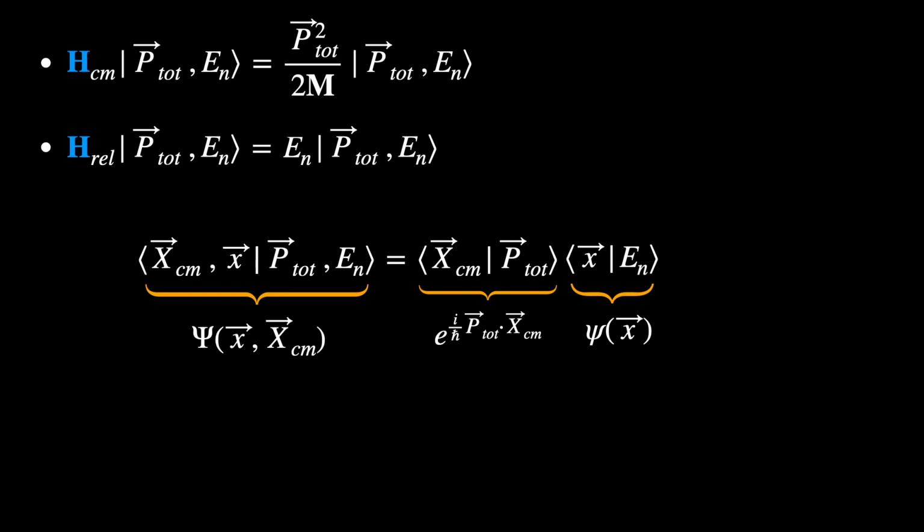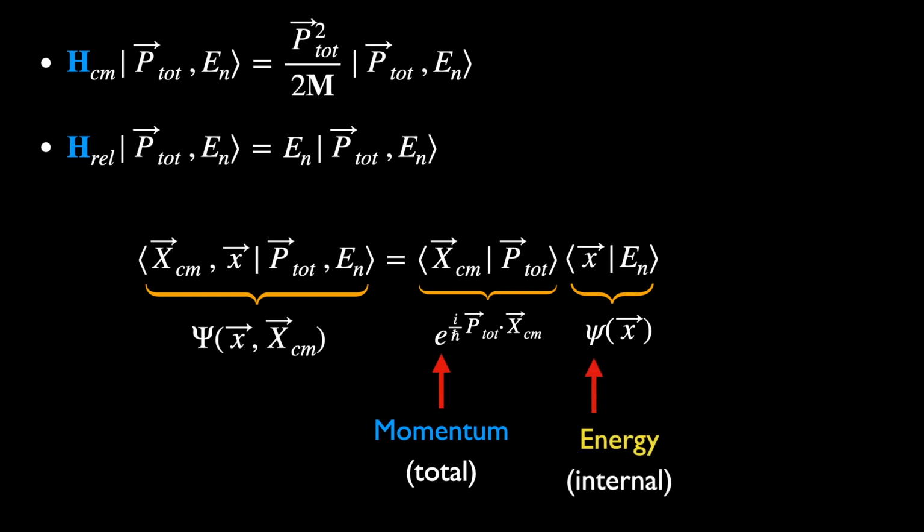For the center of mass position, this is the familiar momentum eigenfunction, which carries the total momentum eigenvalue. While for the relative position, this is the internal energy eigenfunction, like the ones we have solved in the past few lectures.